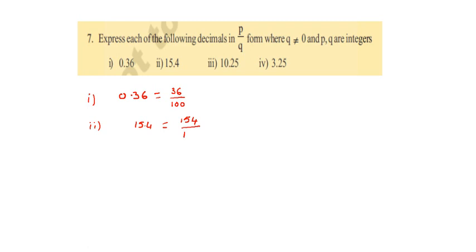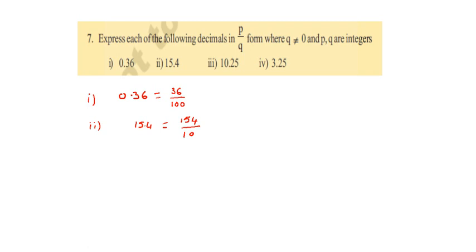In the previous one, there are 2 digits after the decimal point. Hence, we put 2 zeros on the right side of 1 in the denominator. Here, there is only one single digit. Hence, here in the denominator, I write only 10. So here 36 by 100 is the p by q form for the first question and 154 by 10 is the rational form of the second one.